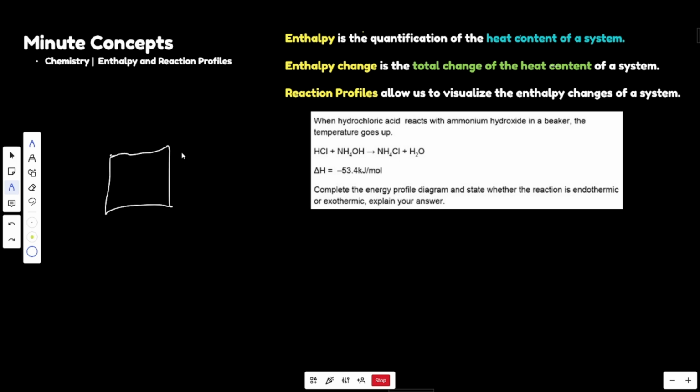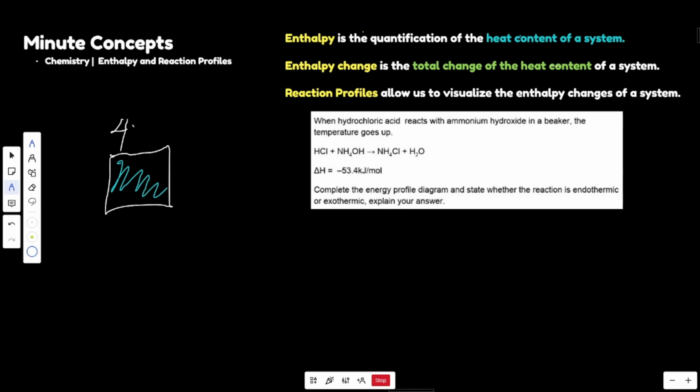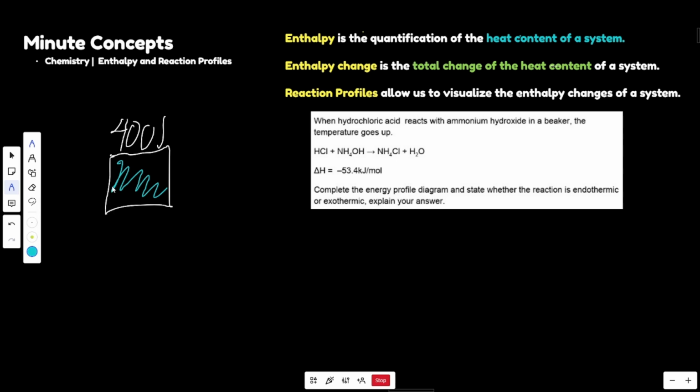Maybe we can visualize it easier like this. When we have a box full of water, let's say that the water has an internal energy of 400 joules. Now there is enthalpy whenever there's going to be a transfer of heat.